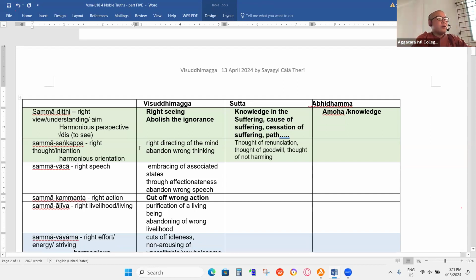So anything to do with thoughts, whether you're abandoning the wrong thinking or you're rightly directing the mind, to where? To renunciation, good will, and non-harming. All right. As you know, these two are under the Panya group. So Samma Ditthi and Samma Sankappa are under the same group, called the wisdom group.